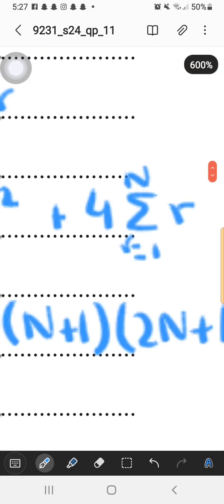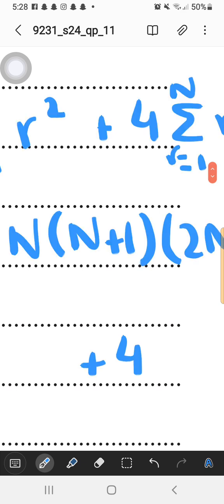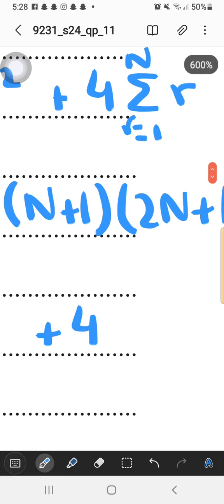Then there is a last term here, plus 4 times the summation of r, which is not given in MF19, so we have to memorize this.